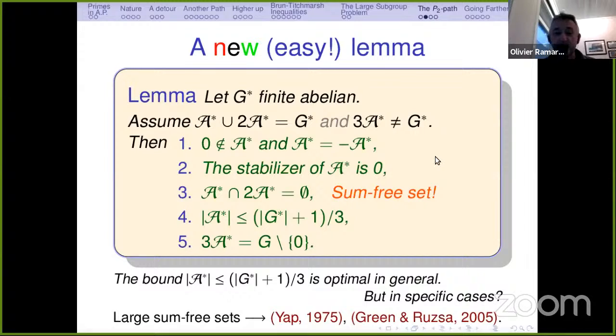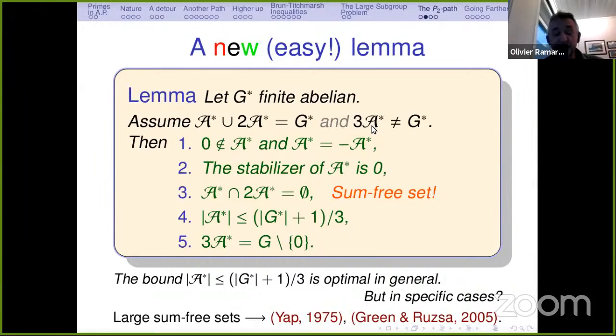Yes, we can do some additive combinatorics in this new setting. In this new setting, you have your set A star, the primes that you reduce modulo your subgroup, and you want the threefold sum in additive notation, A star plus A star plus A star, to be equal to G star.